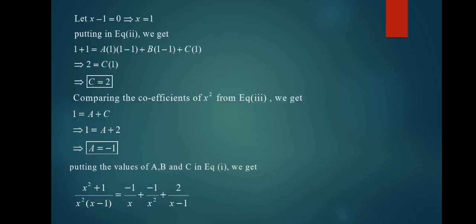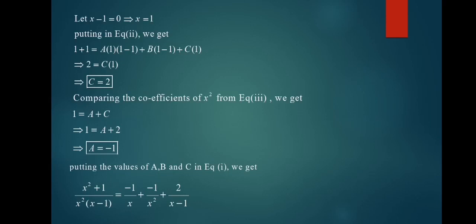Now the second linear factor, which is non-repeated, is x - 1. Let x - 1 = 0. It will give us x = 1. Putting 1 in place of x in equation number 2, we get 1 + 1 = A(1)(1 - 1) + B(1 - 1) + C(1). It will give us C = 2.